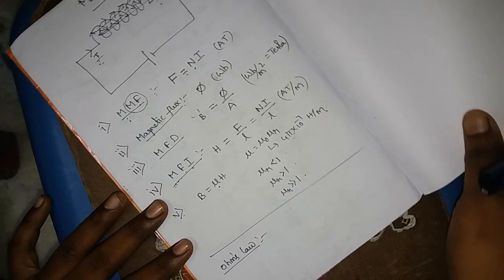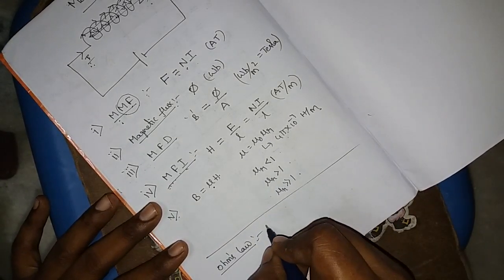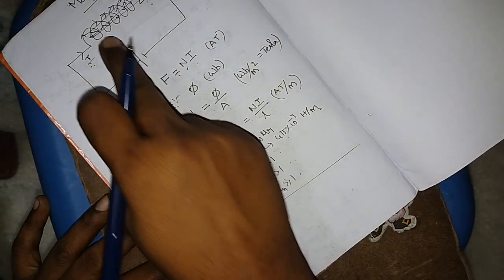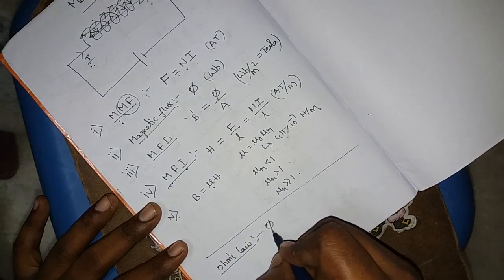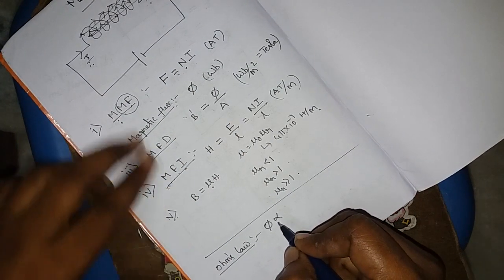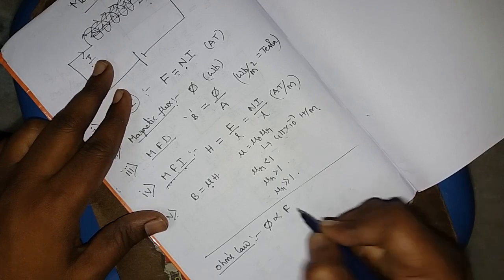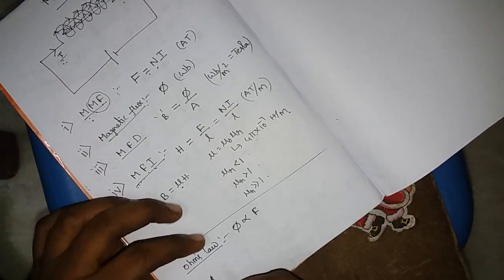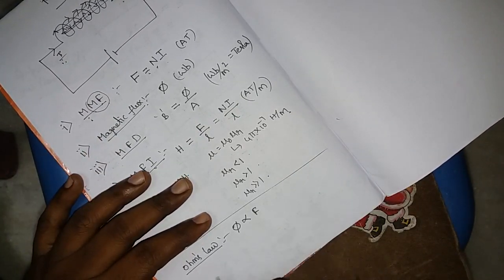That is magnetomotive force. So we can say, at constant temperature, the flux phi is directly proportional to the MMF F. Okay, and we need to remove this proportionality.